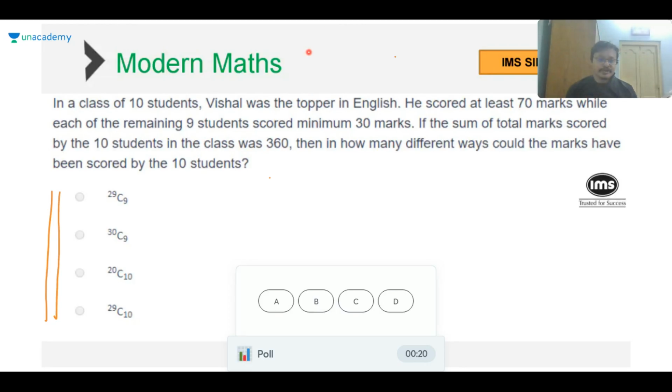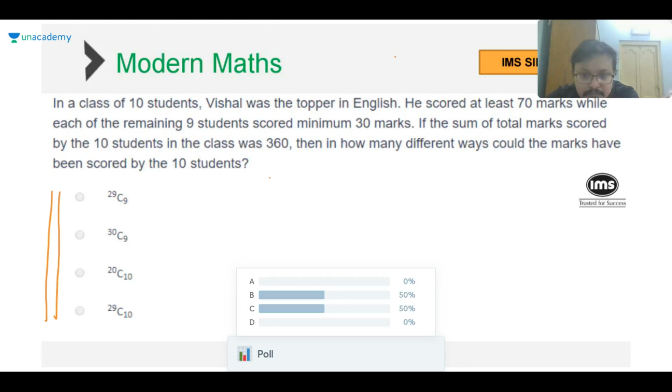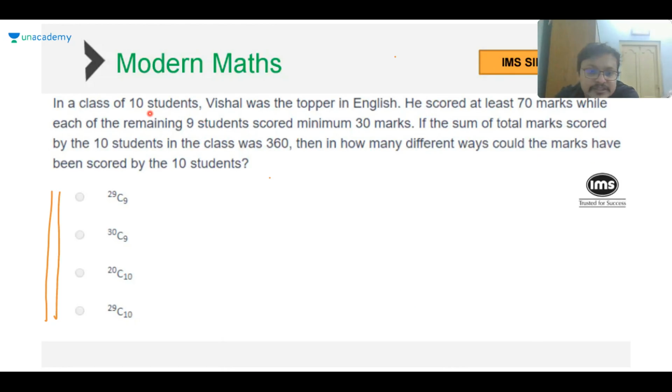So I see two different options where people are showing interest, B and C. First thing, how many students are there in the class? 10 students.